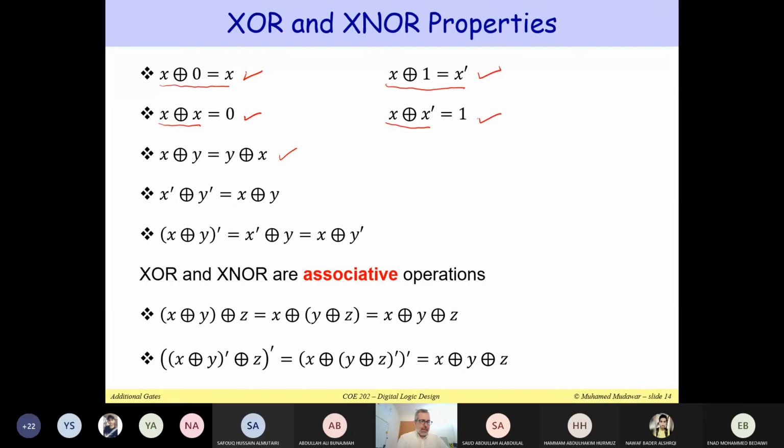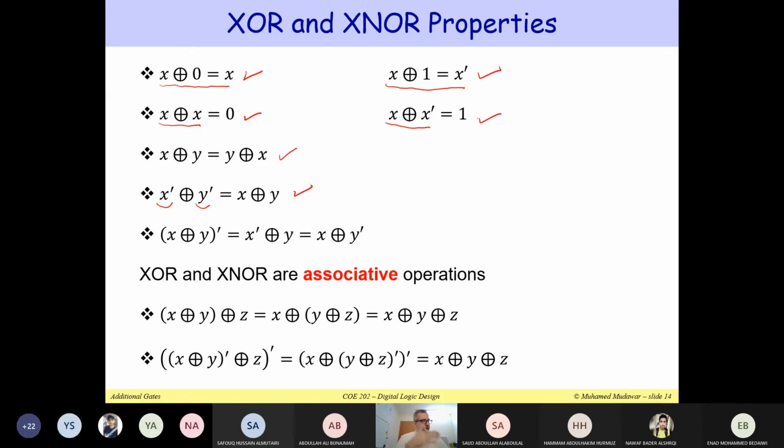Now, the interesting thing here is that if both inputs are complemented, so if you XOR X prime with Y prime, you get the result as X XOR Y. So if both inputs are complemented, you can remove the two inverted inputs and just XOR X with Y. This can be proved easily with the truth table.